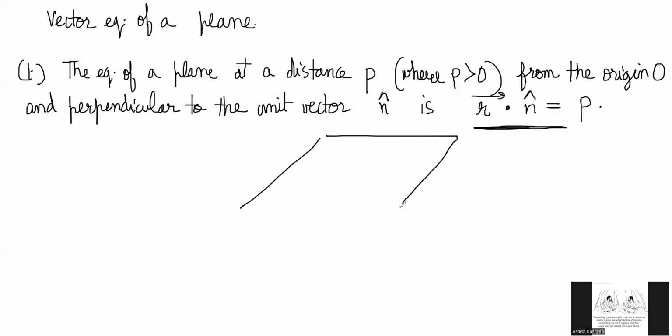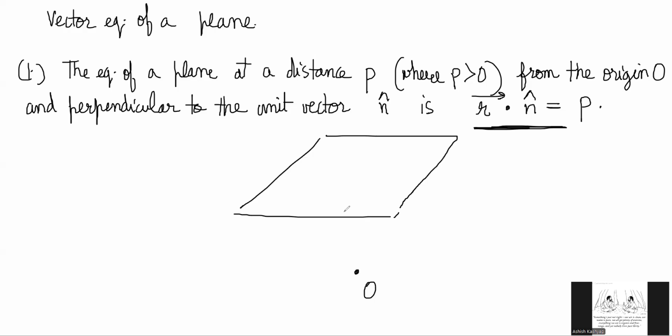So let's say this is my plane, and let's say somewhere here is my origin, right? Now, what we need to say is that the distance from the origin to the plane is equal to p, right?